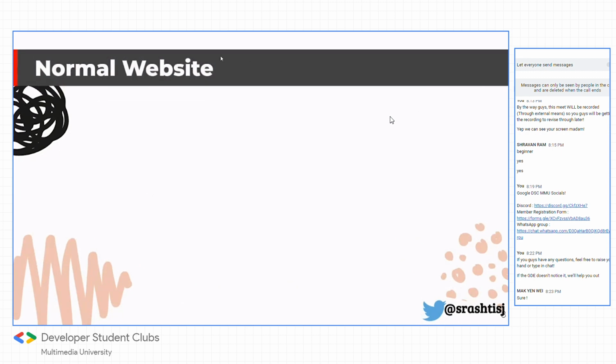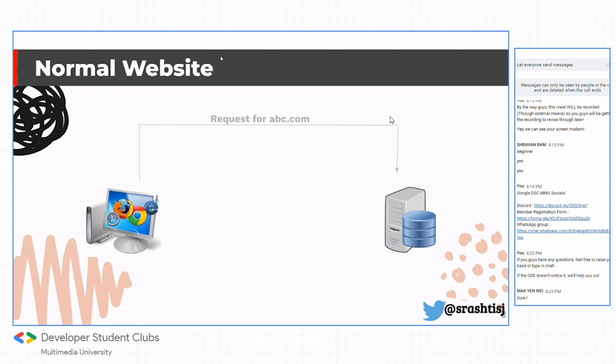I'll show you how a normal website works, and then I'll show you how a single page application works. So basically, we requested abc.com, let's say. They gave us a home page of ABC in response, right?